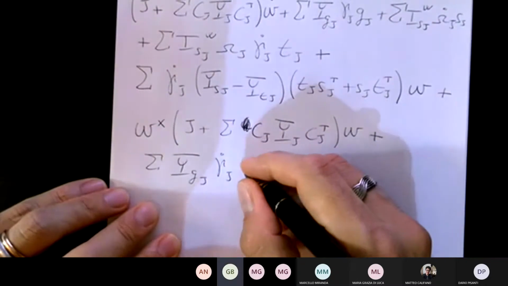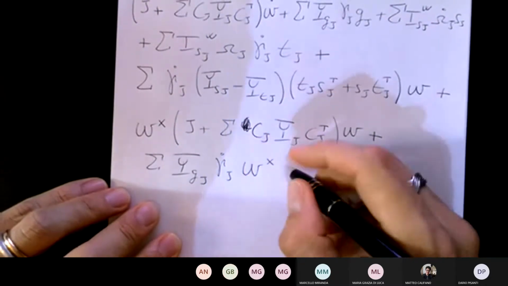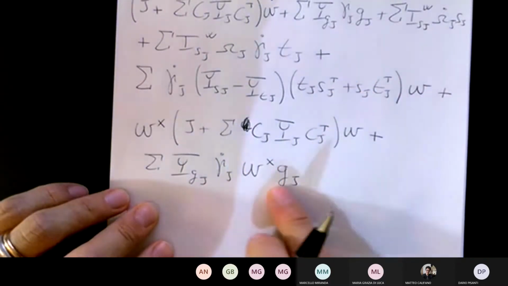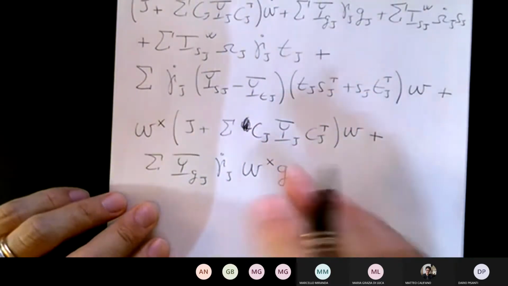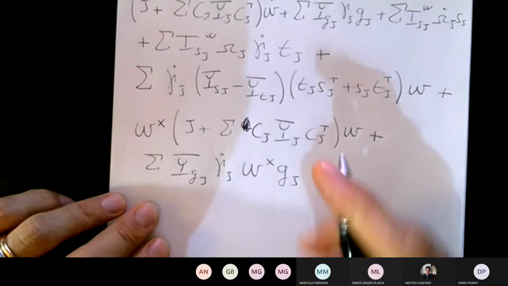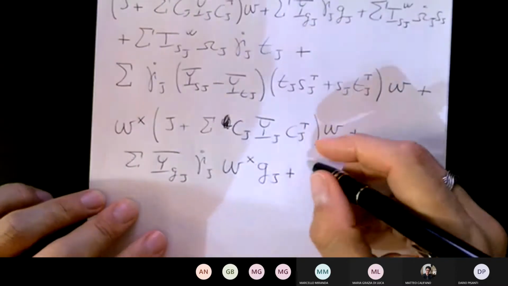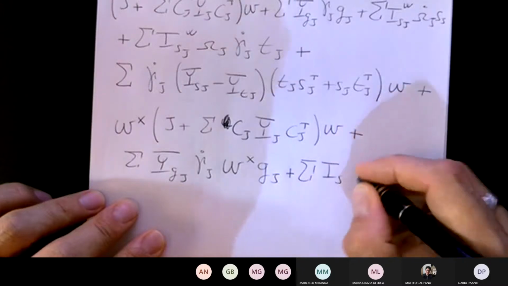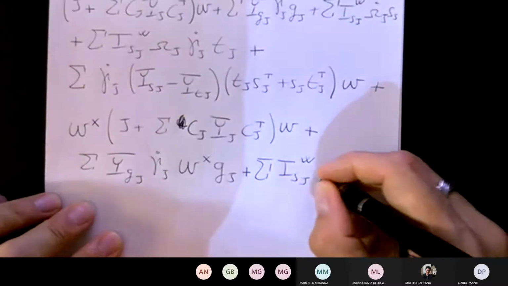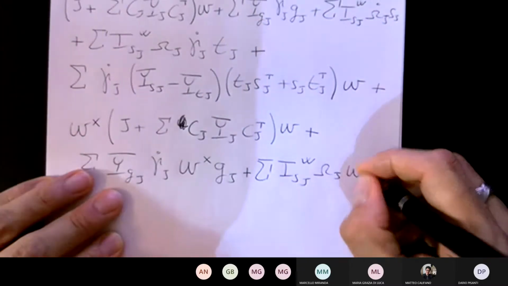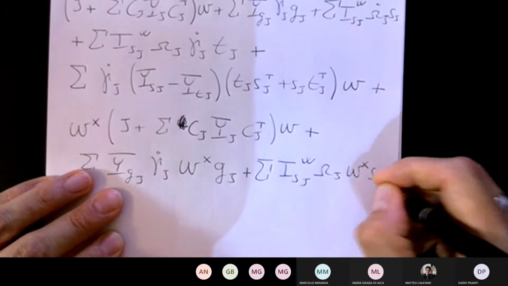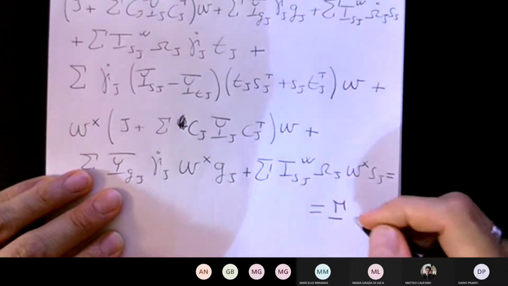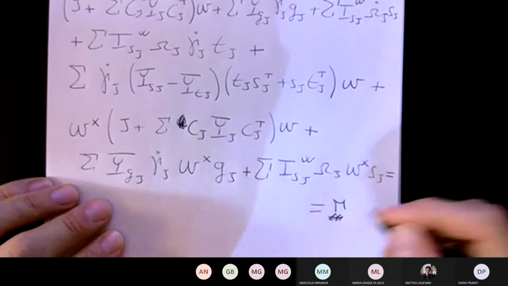Okay, go. Omega cross gj. I'm almost done. So this is the cross product of omega times this term here, and then the last cross product is with this other one, omega j, omega cross sj. And this is equal to the external moments, or well, this is projected.